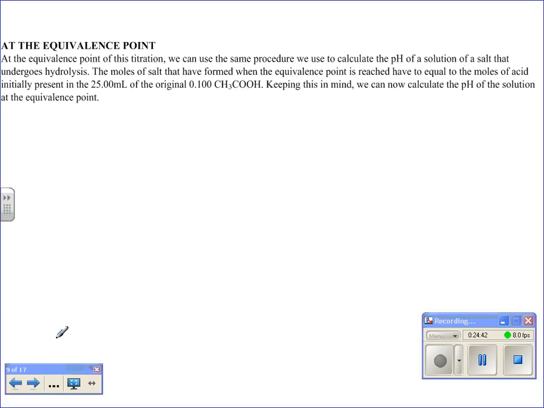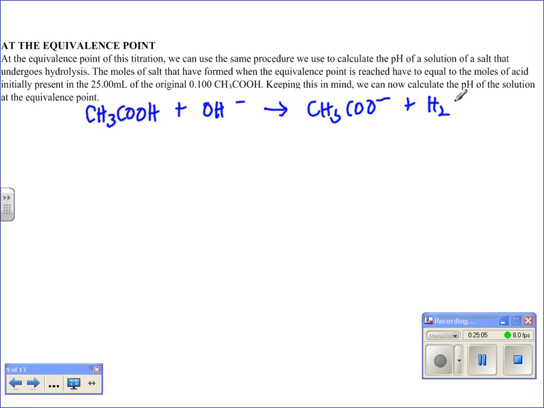The equivalence point is another special calculation. This one is the most challenging of the calculations that you do. The equivalence point is the point whereby the amount of acid is stoichiometrically equal to the amount of base. So we're dealing with a 1-to-1 ratio here, and our concentrations are the same.